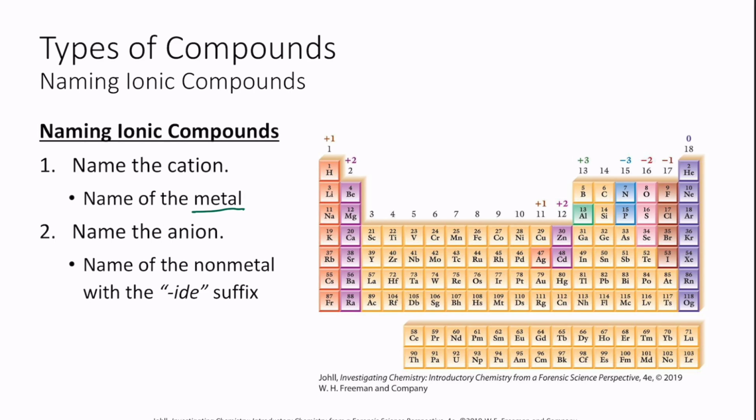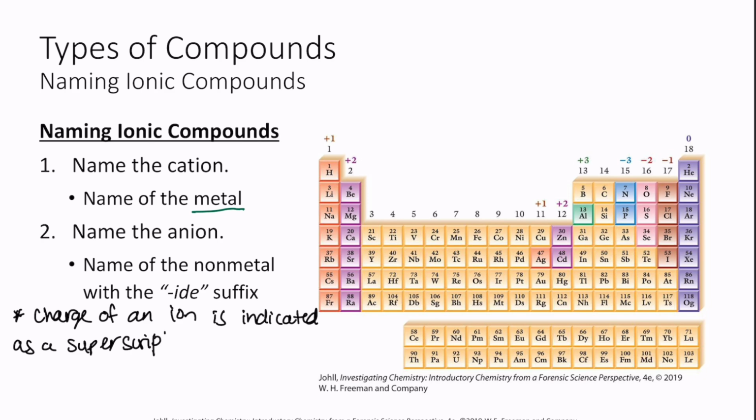There are some things that you need to realize about these different ions. The charge of an ion is indicated as a superscript following the atomic symbol.